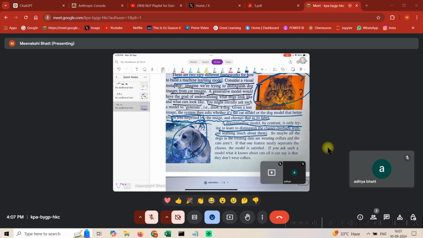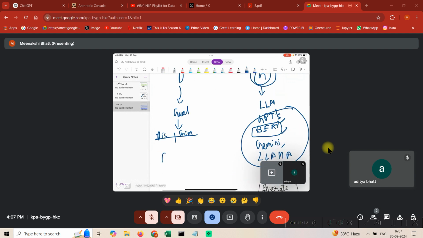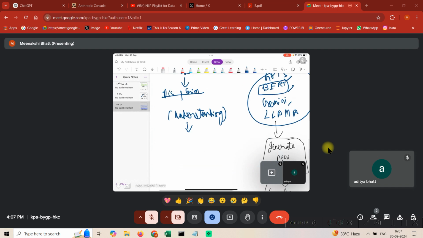A discriminant model has the goal to discriminate between two classes without understanding them. All it has to do is perform a particular task, let's say classification. It doesn't have the capability to generate content.